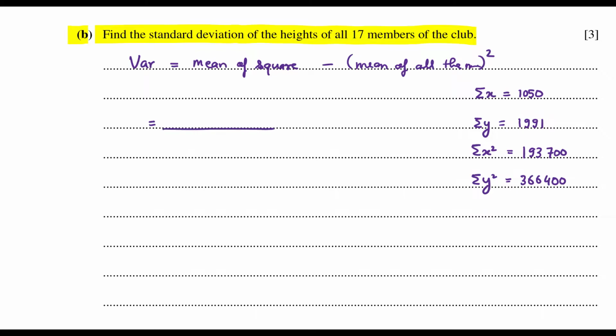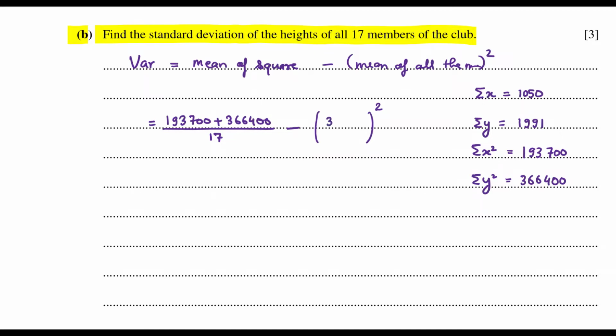So it is going to be divided by 17, and the numerator is 193,700 plus 366,400 minus the mean. The mean we have seen in the first part, but even then we can calculate.